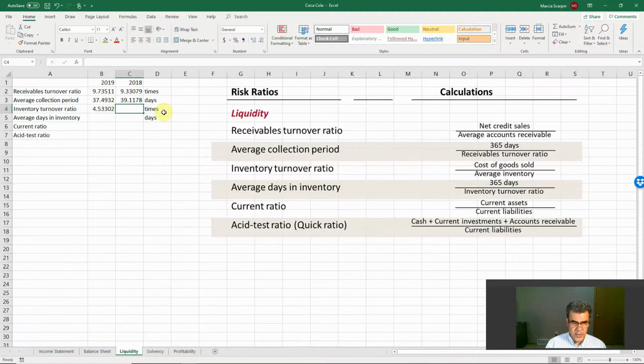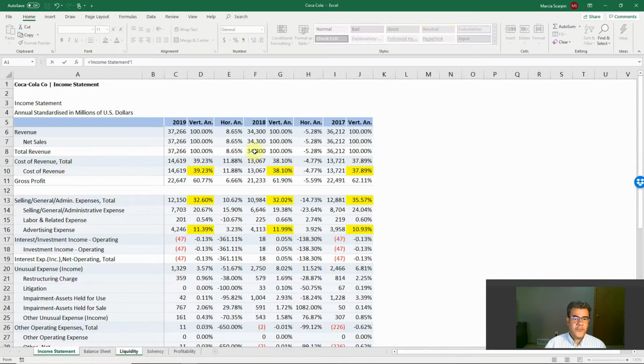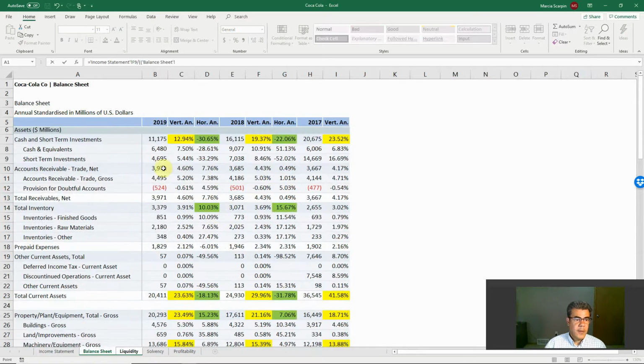And let's do it for 2018. Cost of revenue 2018 divided by parentheses, balance sheet total inventory 2018 plus 2017 divided by 2.